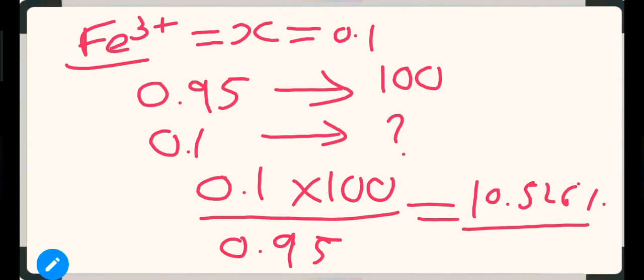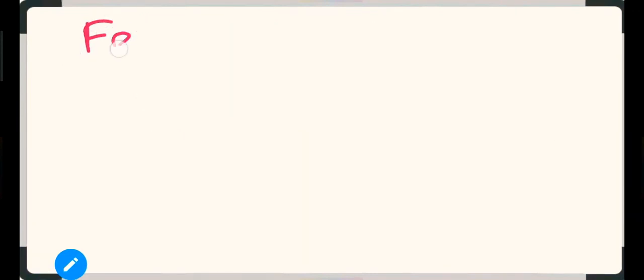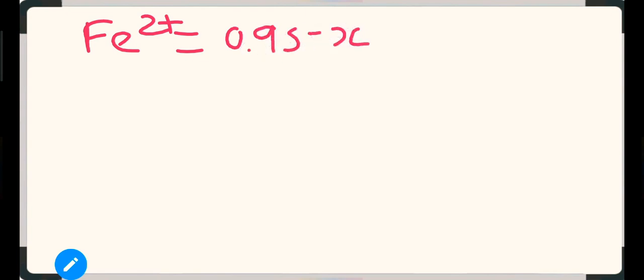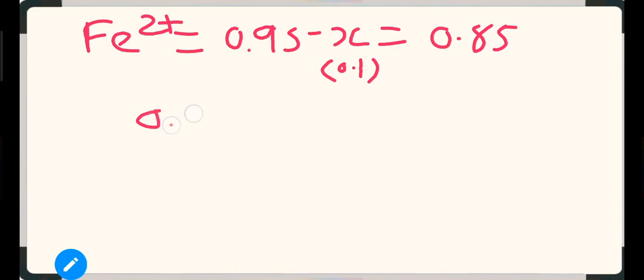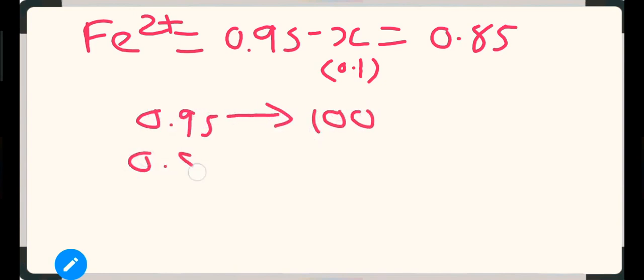Now similarly, if you want to find the percentage of Fe+2, then you can use the same method. First we need the quantity of Fe+2. As mentioned earlier, it is equal to 0.95 minus x, and we know that x is equal to 0.1, so Fe+2 is equal to 0.85. So total 0.95 is equal to 100%, then 0.85 is equal to how many?